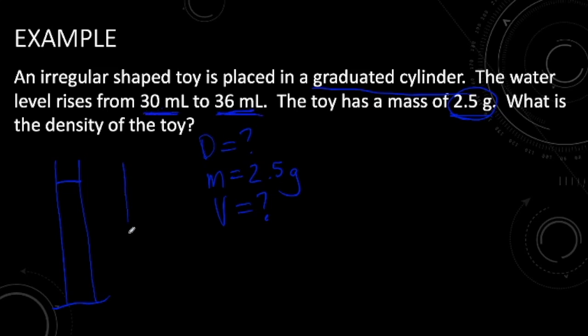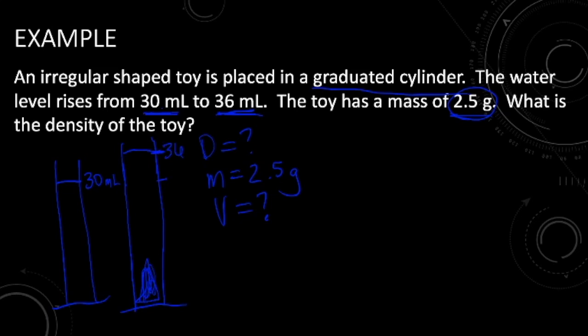Okay. And we use what we call displacement here. So we have 1 graduated cylinder. Before we put the toy in, it's got a volume of 30 mils, and then it's going to start there and end up at 36 milliliters, and imagine the toy is down here in the bottom of our graduated cylinder.